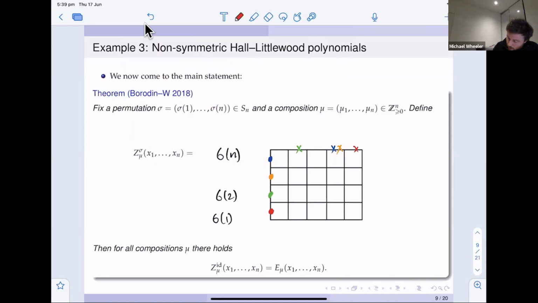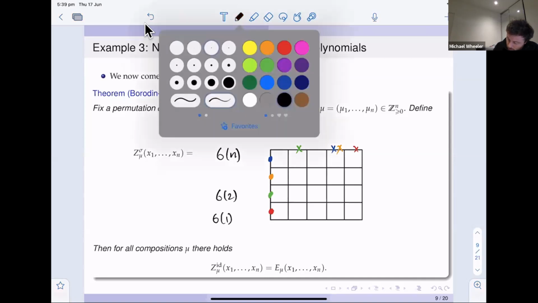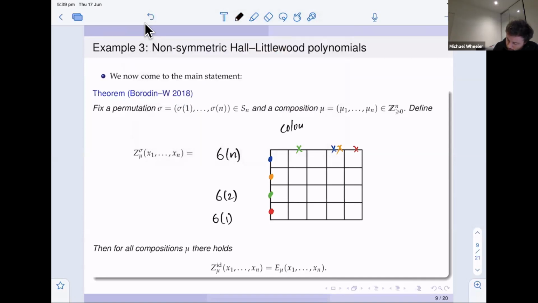Maybe I get something like this. And so the rule is that color I exits in column mu sub I. So this thing depends not only on a permutation, which is encoded here, but also on a composition, which is encoded along here.